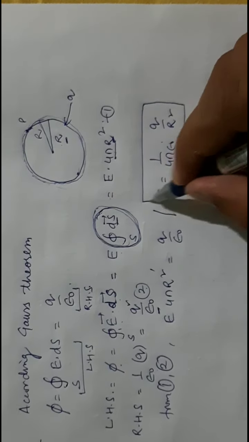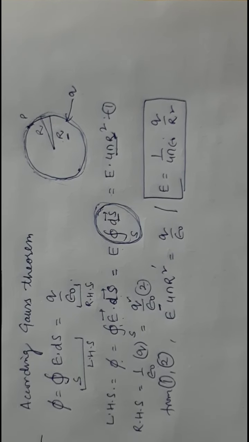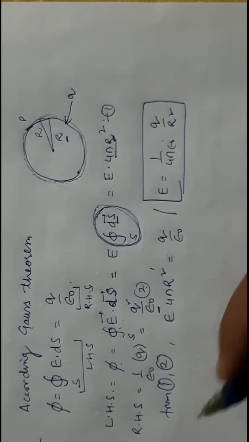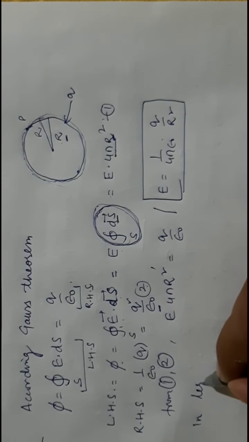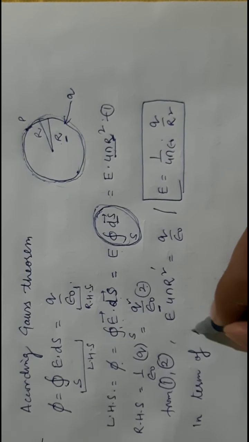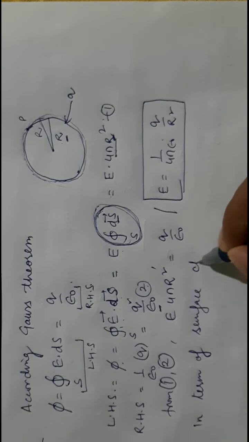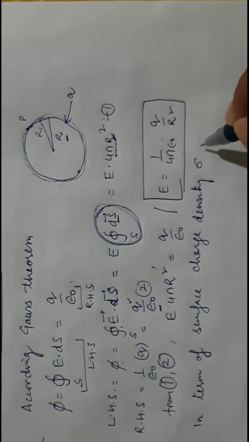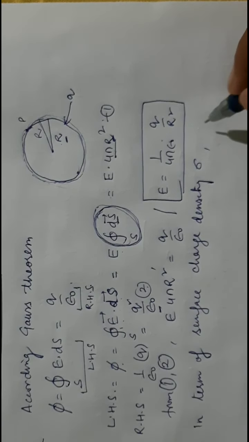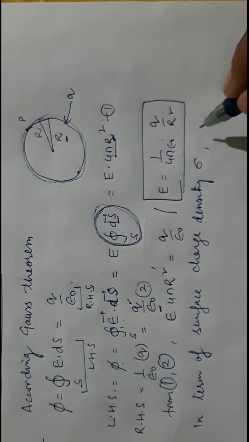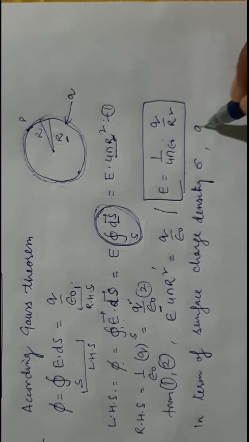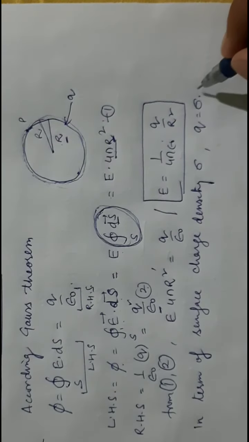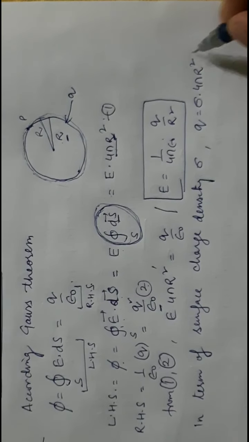So this is your electric field due to a spherical shell when the point of observation is on the surface. In terms of surface charge density, that is sigma, we know the surface charge density is charge per unit surface. The total charge will be equal to the surface charge density into the surface area. So what is the surface area of the spherical shell? That is 4 pi capital R square.